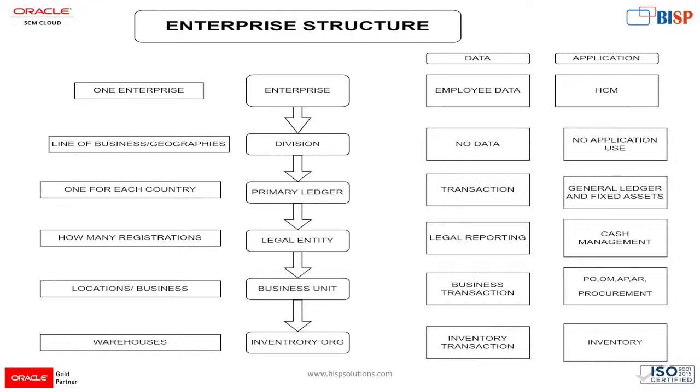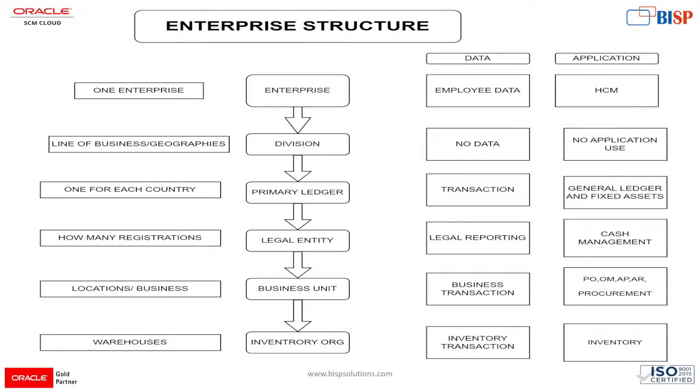Minimum one primary ledger has to be there per country, and legal entity based on how many registrations are there for legal reporting purposes, right? So a legal entity will be based on how many registrations an enterprise has.